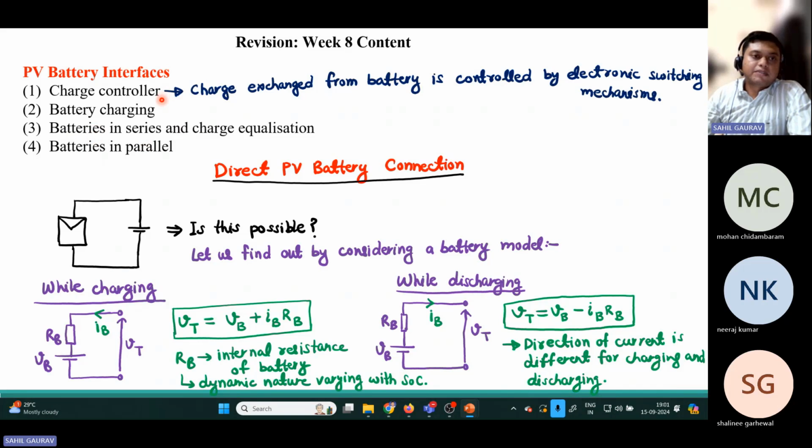So the first question that comes is, can we directly connect the PV to a battery? Is it possible to connect a battery with this PV? To find that answer, let us first consider the battery model. Let us denote the battery voltage with VB and the internal resistance of the battery as RB.